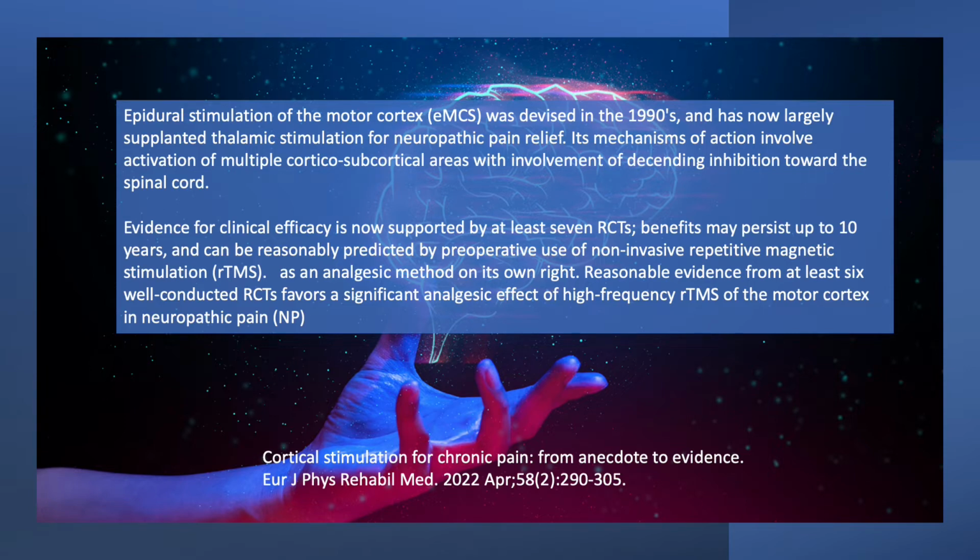The mechanism of action is believed to be related to the stimulation of descending pain inhibitory circuits as a result of activation of the motor cortex. This article discusses various methods, both invasive and non-invasive, by which motor cortex activation suppresses chronic, intractable pain.